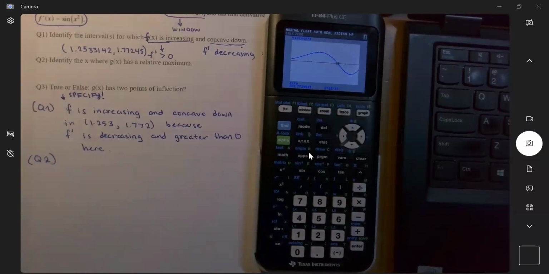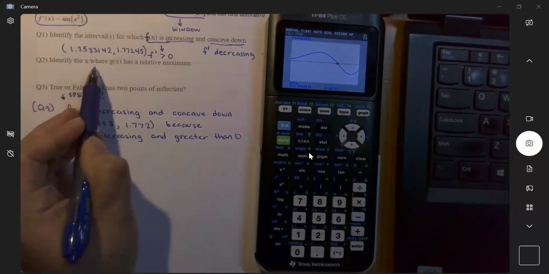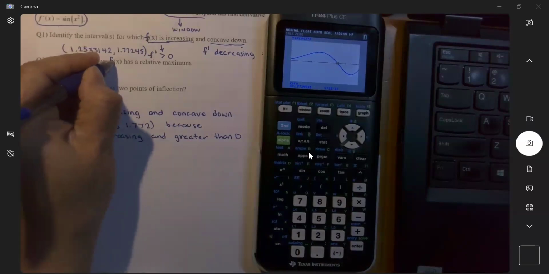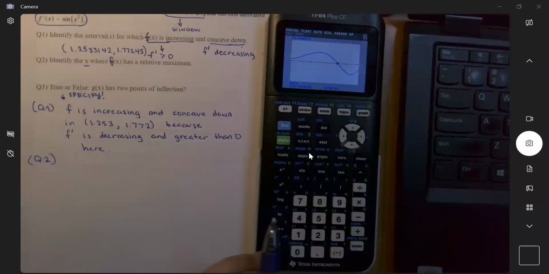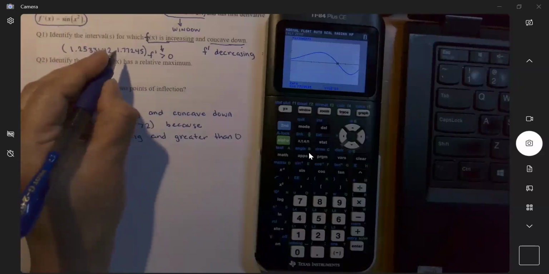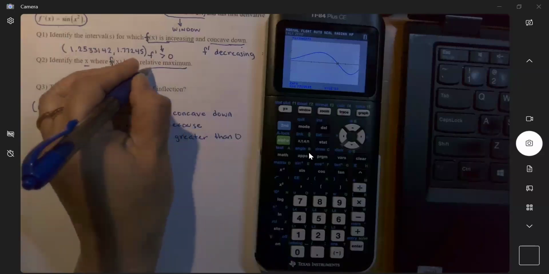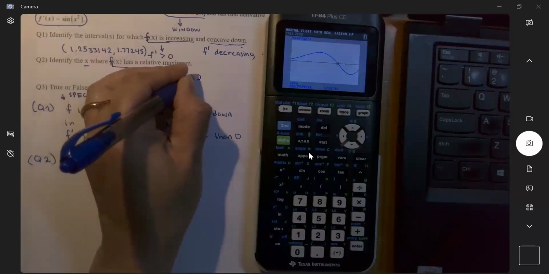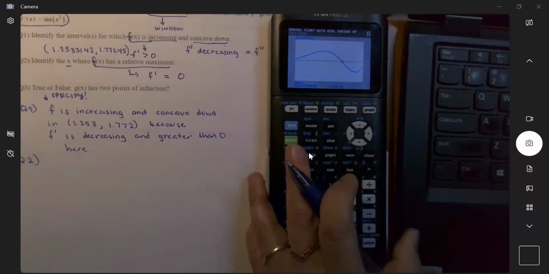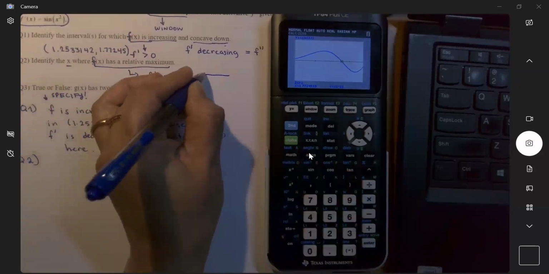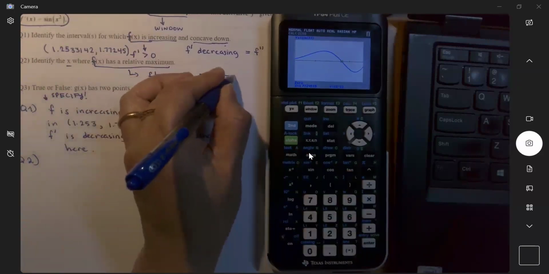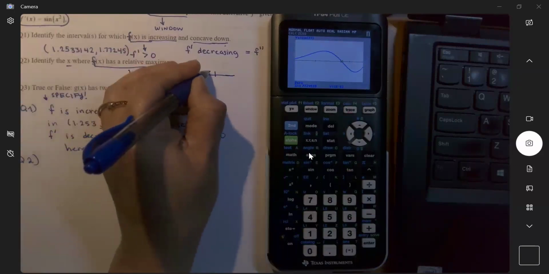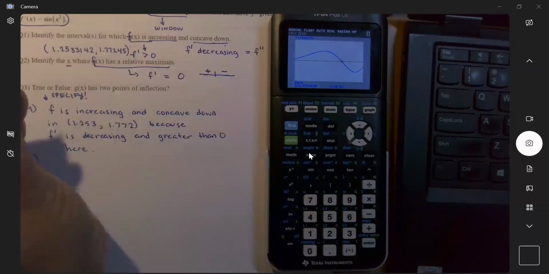Next one, identify the x value where F of x has a relative maximum. So when does this happen? F has a relative maximum when F prime is equal to 0. And then you need to check the signs before and after that 0, and check for positive and negative signs.